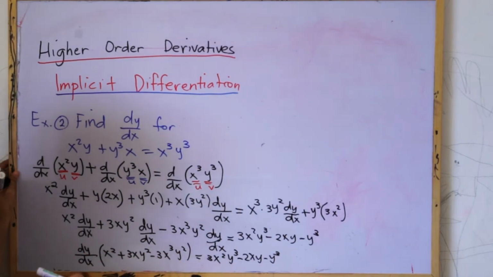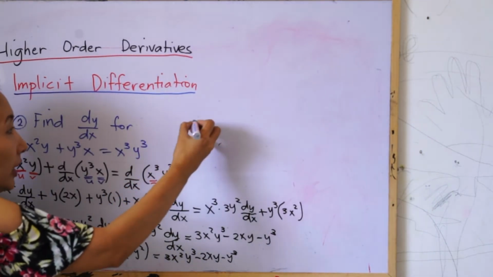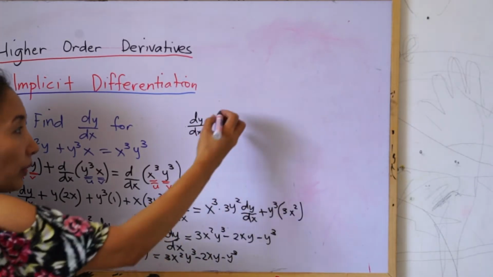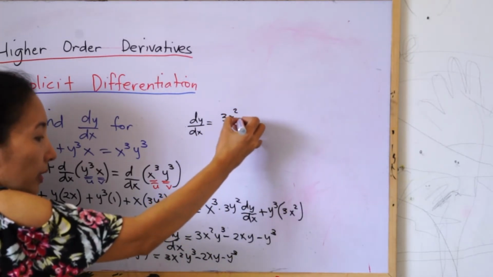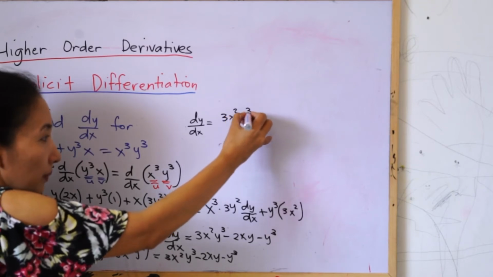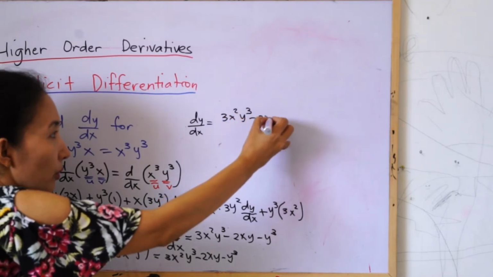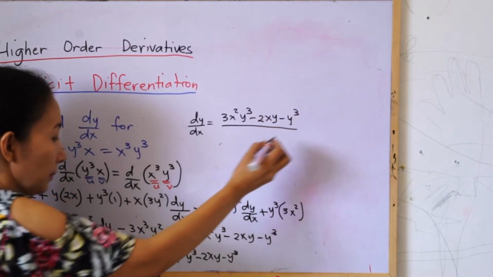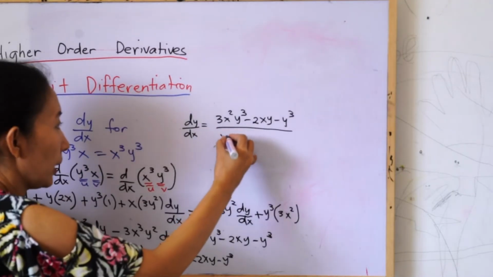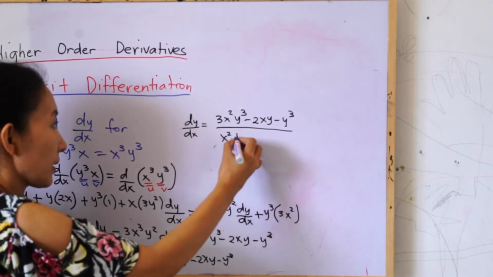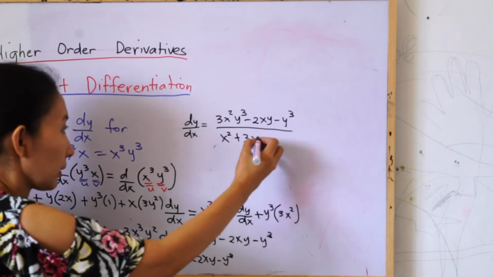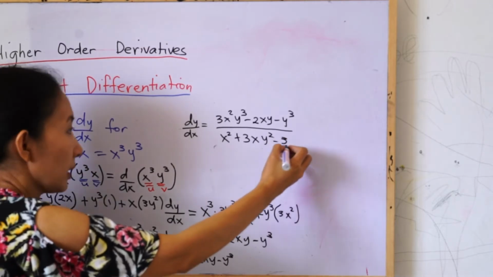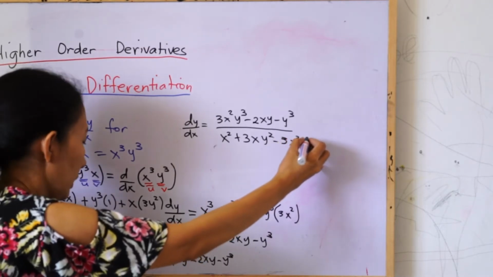So, finally, dy over dx will be 3x squared y cubed minus 2xy minus y cubed, all over x squared plus 3xy squared minus 3x cubed y squared.